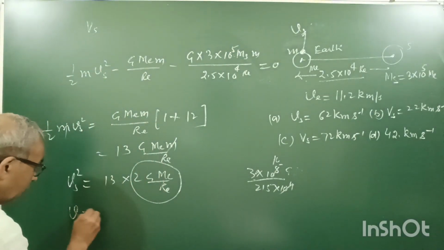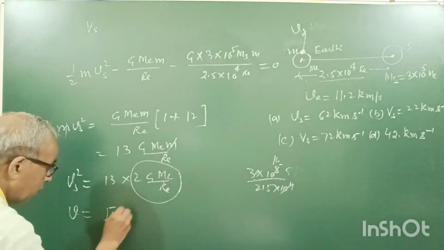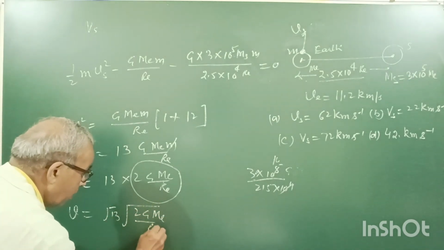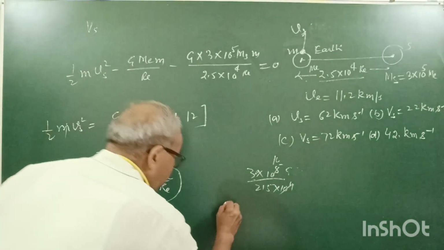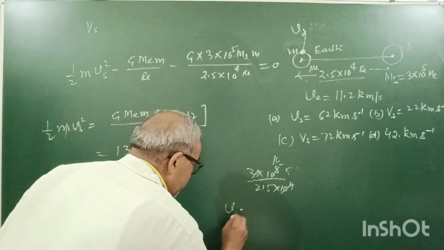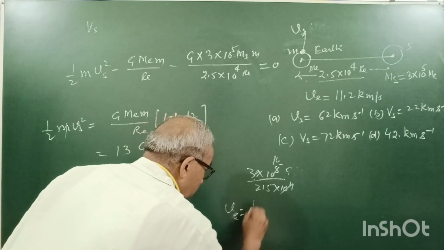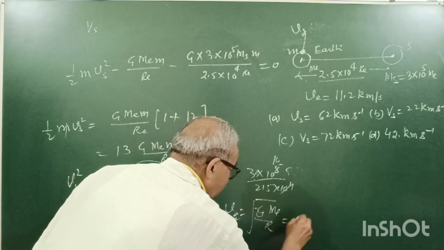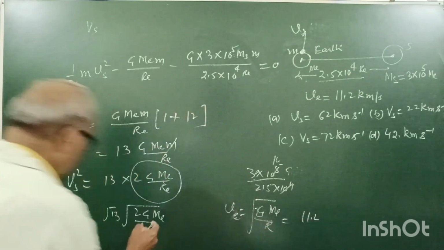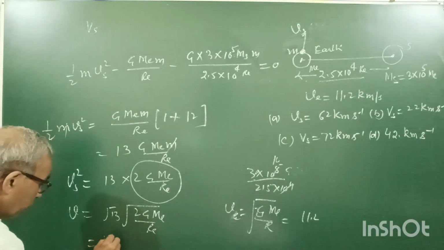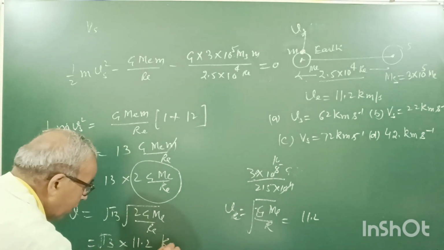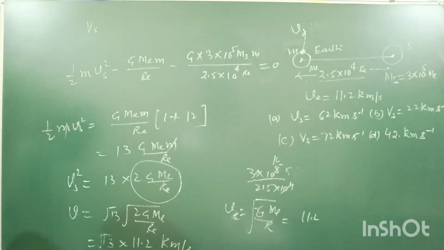So Vs equals root 13 into root of 2 G Me upon Re. But from our surface, V escape is root of 2 G Me upon Re, which is given as 11.2. So here I can put root 13 into 11.2 kilometer per second.